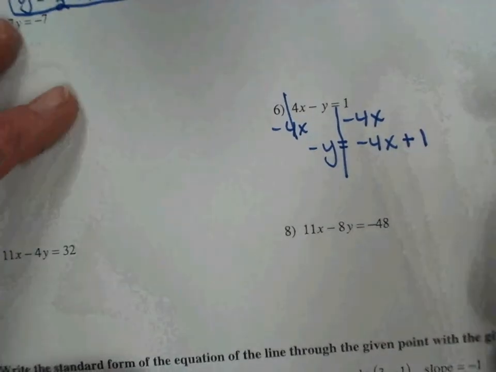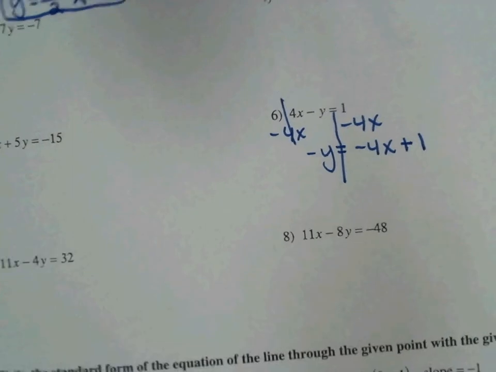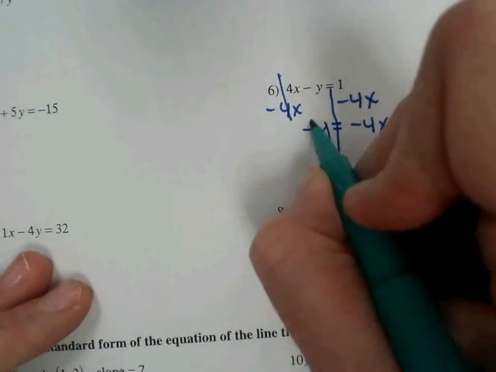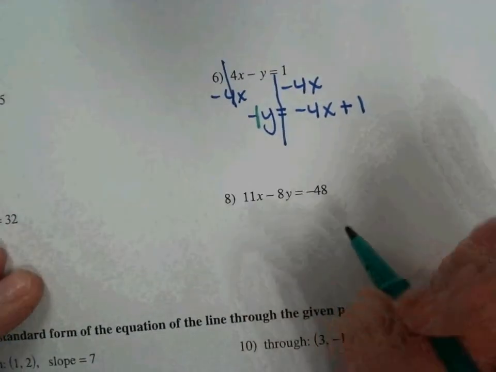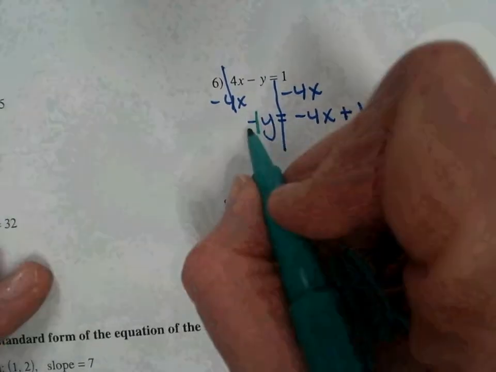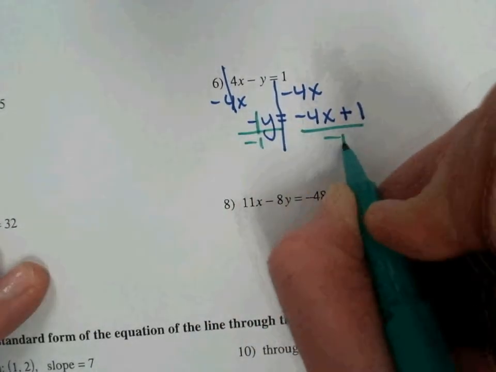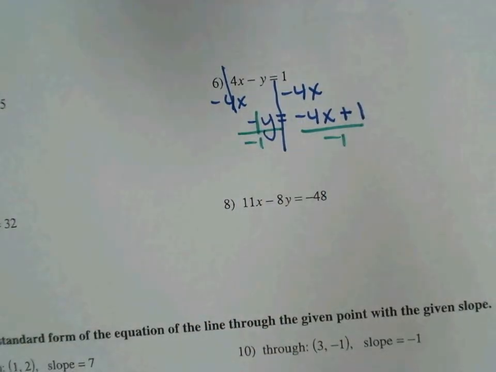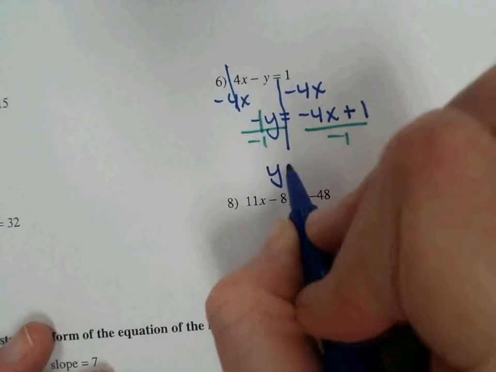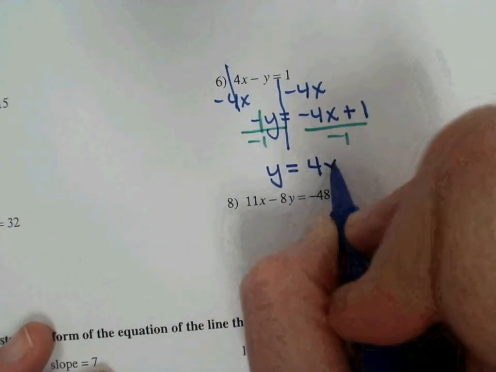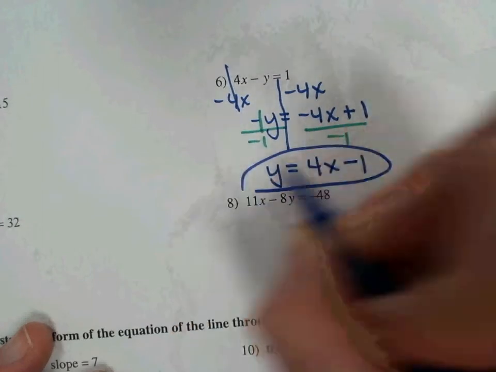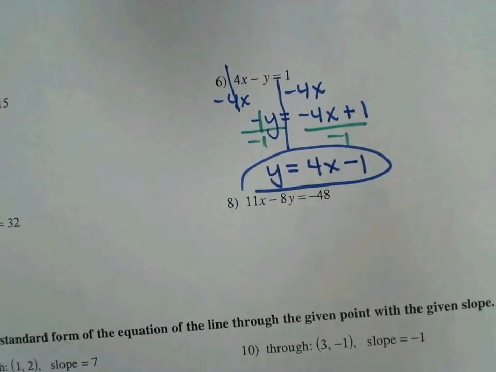And you can think about that negative y as a negative 1y. Yeah, just divide both sides by the negative 1. And that just leaves you 6 problems to do on your own for that section.